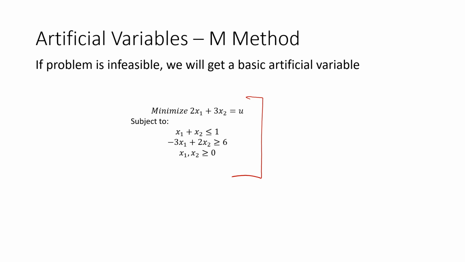And remember what we're trying to do here. We are trying to get artificial variables equal to 0. If they have any positive value at all, then the result you get does not satisfy your initial problem. So if your artificial variable ends up as being basic, then you have no solution.